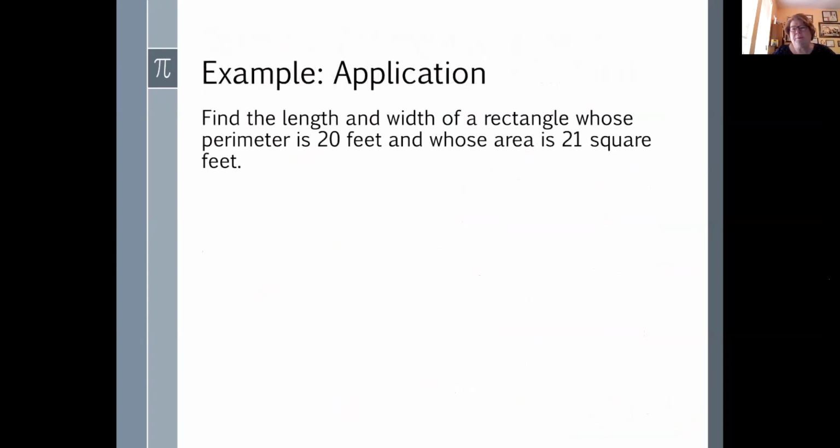All right, let's solve an application using a system of nonlinear equations. Find the length and width of a rectangle whose perimeter is 20 feet and whose area is 21 square feet. Now we've been doing rectangle problems all semester long using perimeter and area, so you should by now know what the perimeter and the area of a rectangle is.